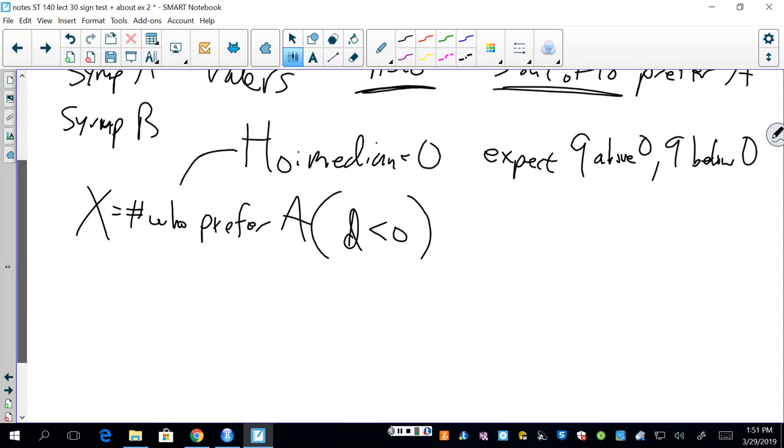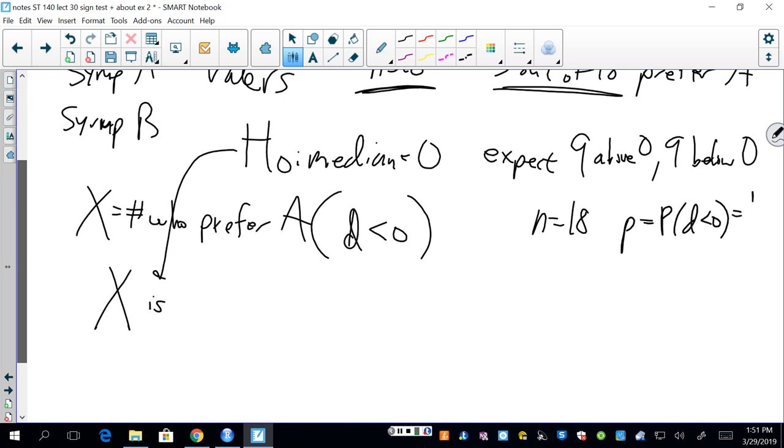Under this null hypothesis, what's the distribution of x? Well, we have n is 18 people doing rating, assuming they're independent of one another. What's the probability the difference is below 0 or above 0? It's 1/2. The probability that the difference is less than 0 is just 1/2.